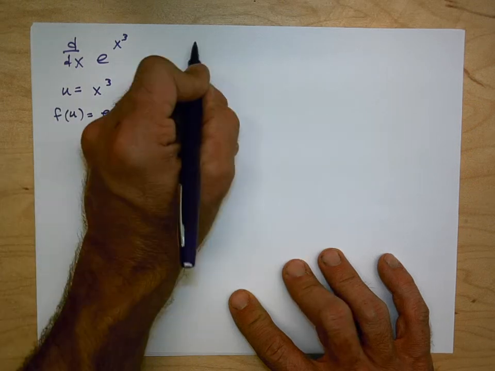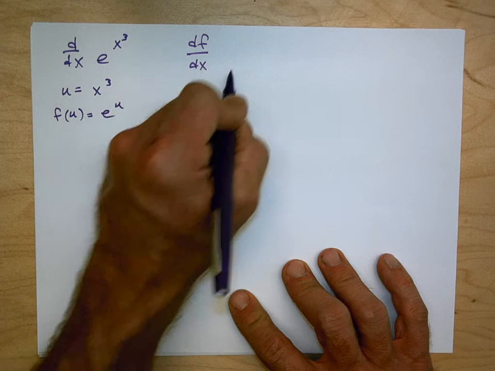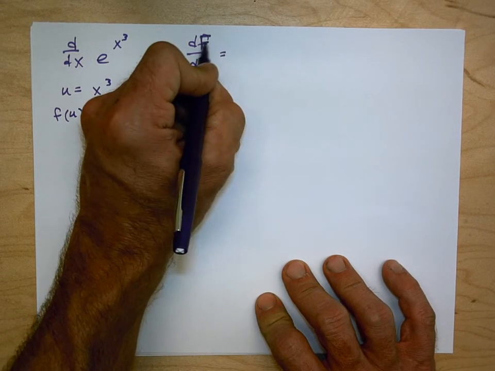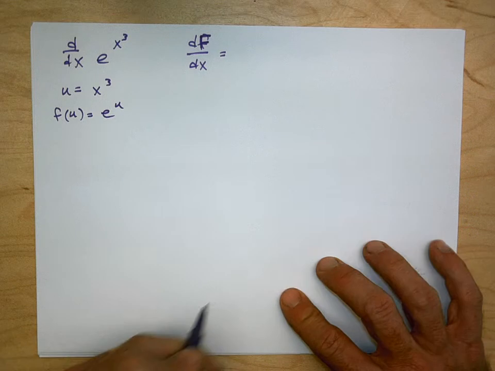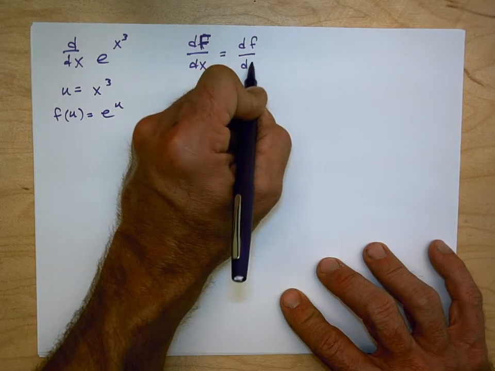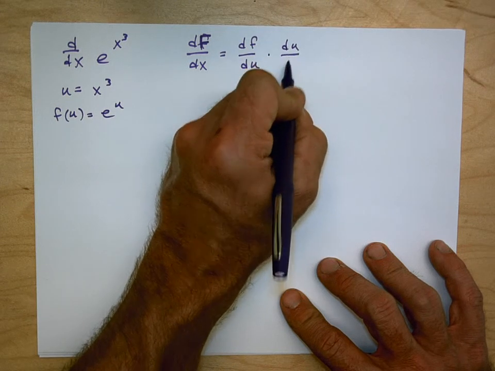Our chain rule formula using this notation is dF/dx equals, actually this should be big F, equals df/du times du/dx.